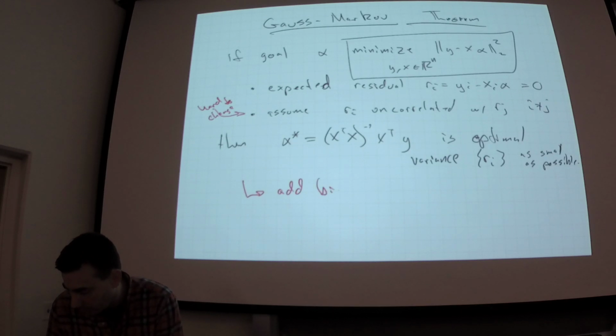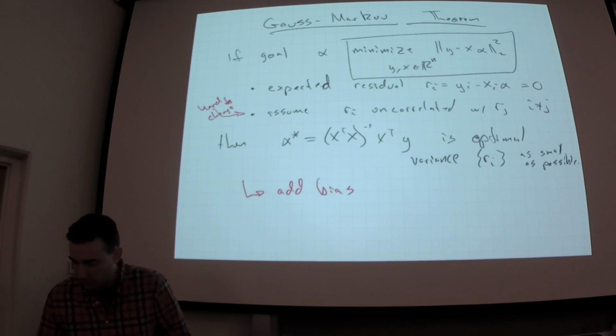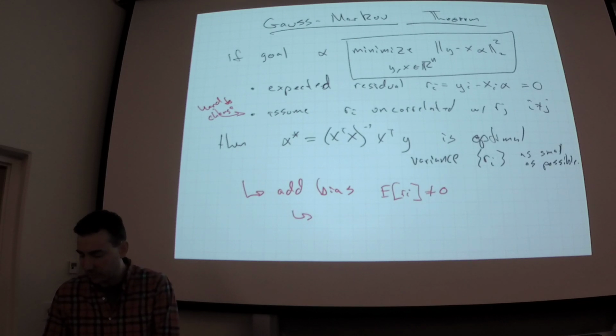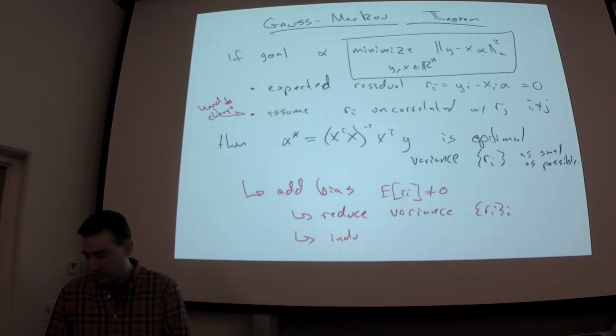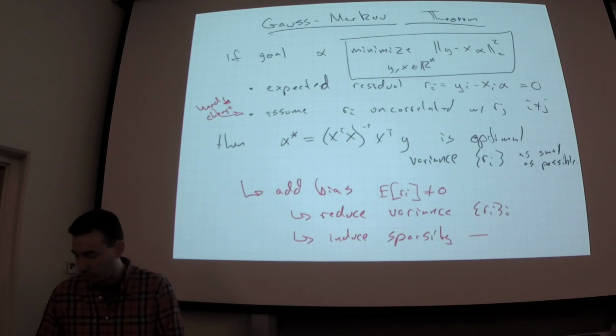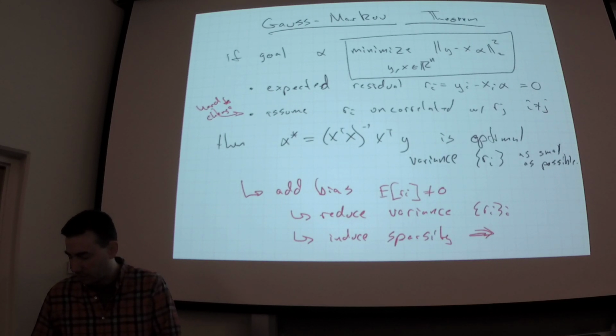Okay, so we're going to add a bias, so the expected R_i is not going to be equal to 0, but this is going to reduce the variance on the set of residuals, and in some cases it's going to induce sparsity, which implies that some alpha_j will equal 0.